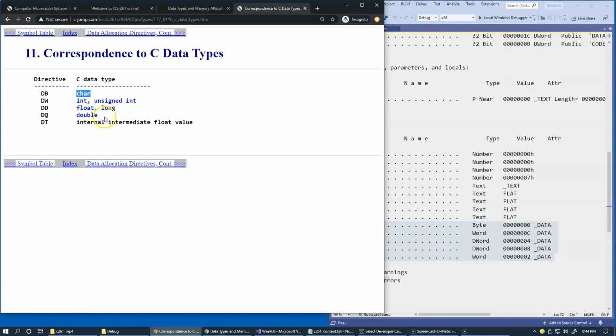And actually, we should probably indicate that this is a short integer, because this is the word, so this is not exactly an int, this is a short integer. But it doesn't matter, the idea is that there is some correspondence. I think you really need to verify it. It's all platform specific, and you need to find out what directives correspond to your high-level programming language data types, and take a look at the sizes of both when you're making your decisions specific to this level.